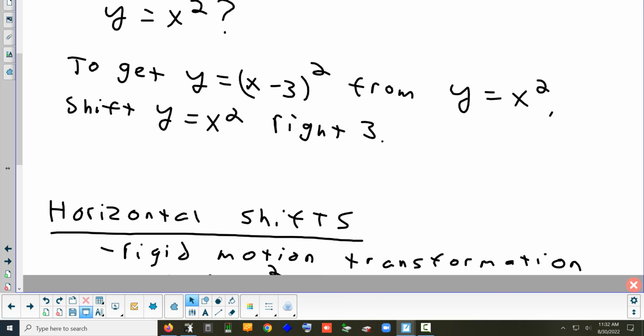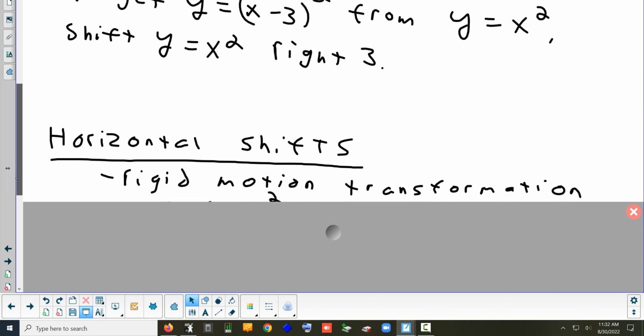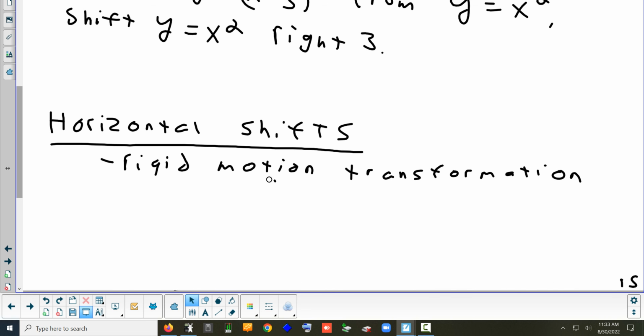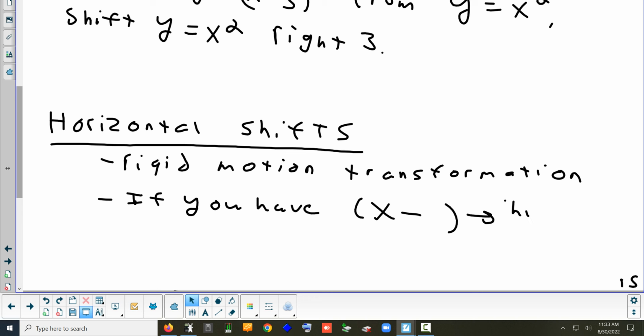So you said that if it's positive, then it would be left. I'll write down which way is which. So, rigid motion transformation. If you have x minus a value, this will shift.